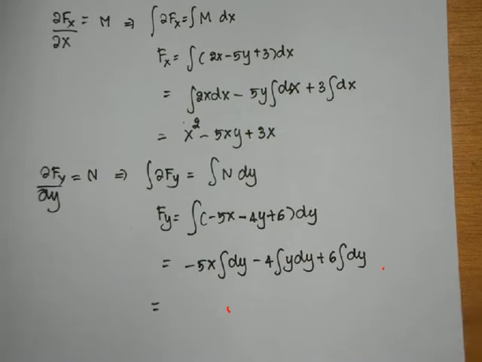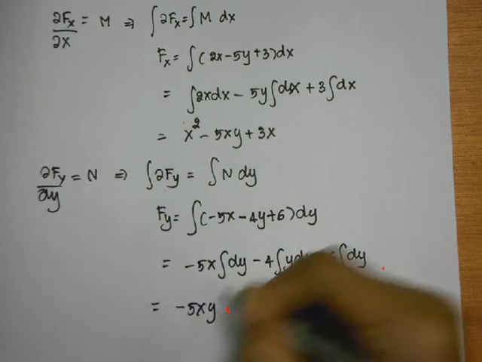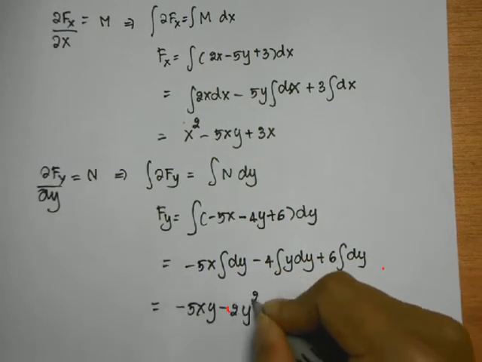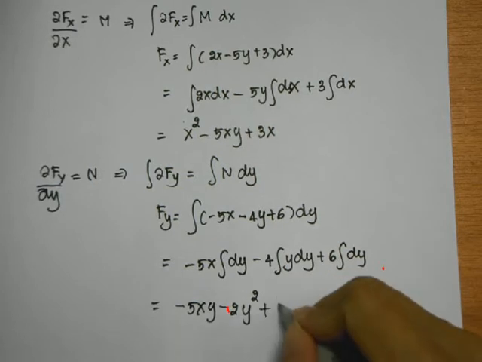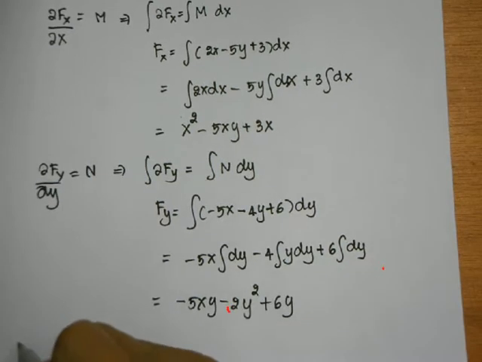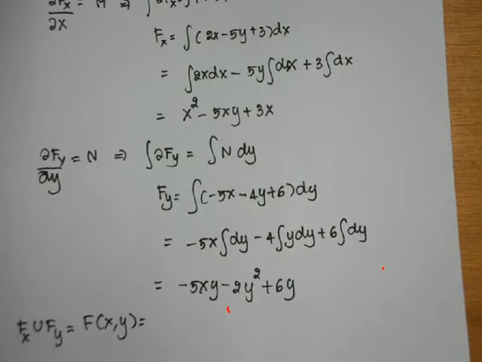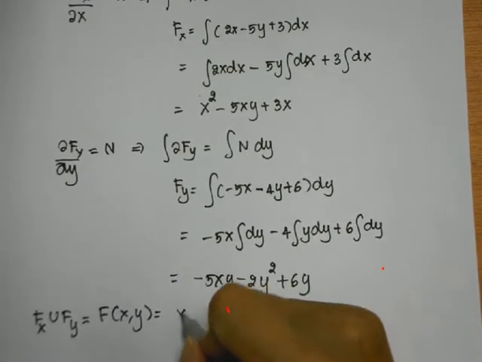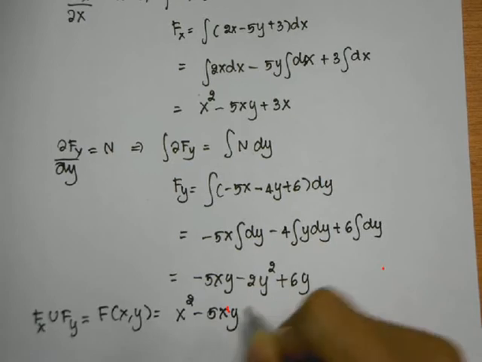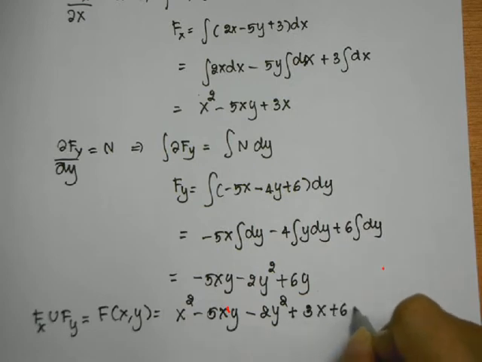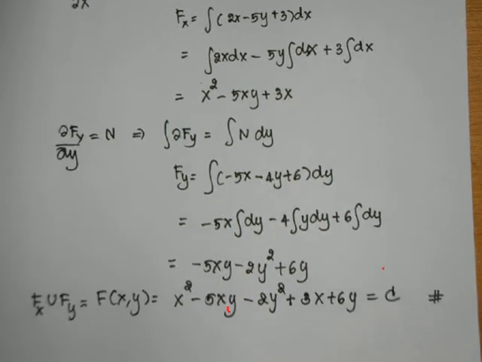Minus 5xy, and the second term, and yep, and then we do union. Okay, what we get for the union thing? Yep, that is the answer.